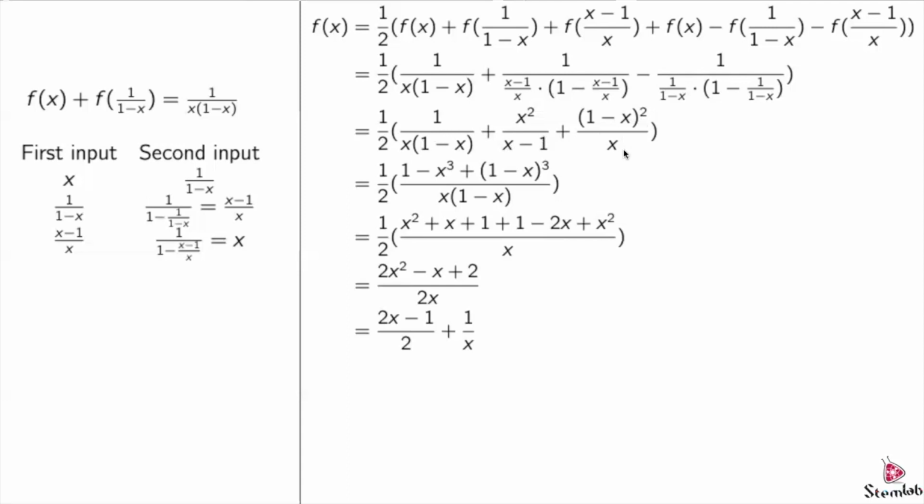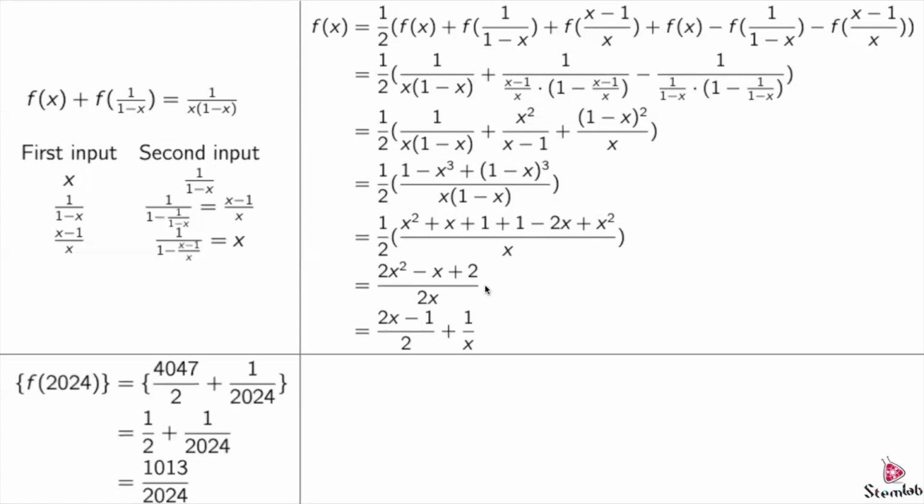Again, all the next three steps are just simplifying it, up until we get to this final expression where f of x can actually be expressed as the quantity 2x minus 1 all over 2 plus 1 over x.